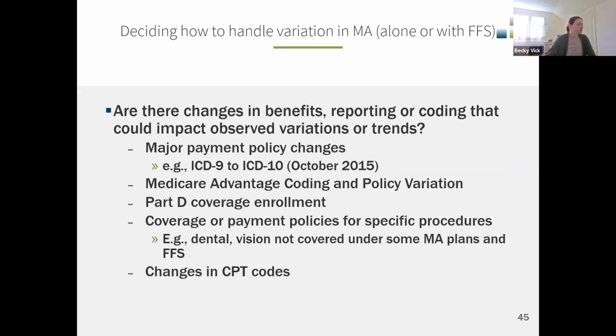If something looks odd, the reasons listed here could be the cause. Here's a list of potential sources of variation or trends that aren't related to actual service utilization changes. They're more like policy changes or coding changes.